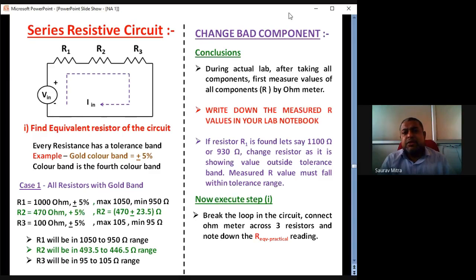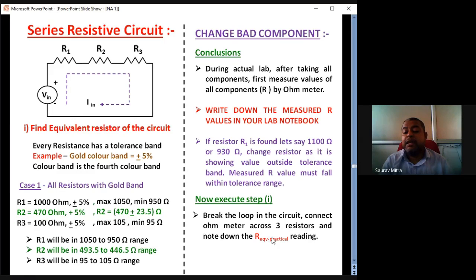So next, execute step 1. Still we are in step 1, we have 6 agendas. So what is the first thing in step 1? Break the loop in the circuit, connect the ohm meter across the 3 resistors and note down the R equivalent practical reading. So there are two readings.